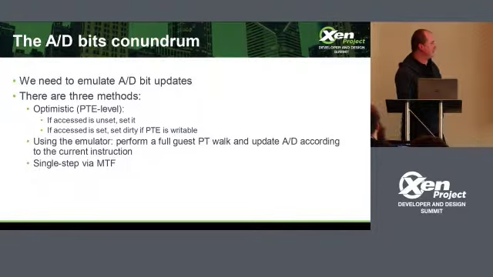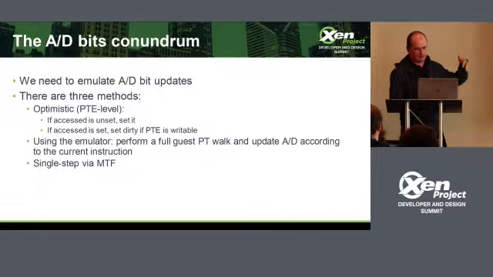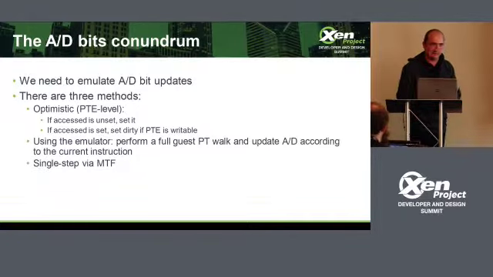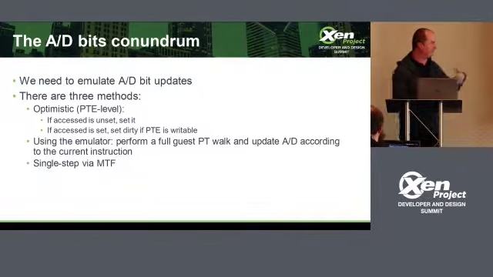All right. The other option is what happens now. Use the emulator to fully emulate the instruction, let it do the page walk, let it do the bit updates according to whatever it's emulating. Or we can shorten the emulation path and just have it do null writes. Never do the change, just have it do the page walk, do the updates, and then return to the guest.